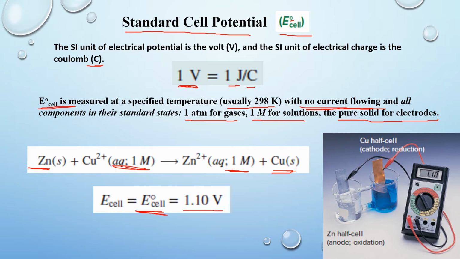As you can imagine, after the reaction has proceeded for a while, the concentrations will change and the electrode will also be consumed. So the cell potential will be different from the standard cell potential.